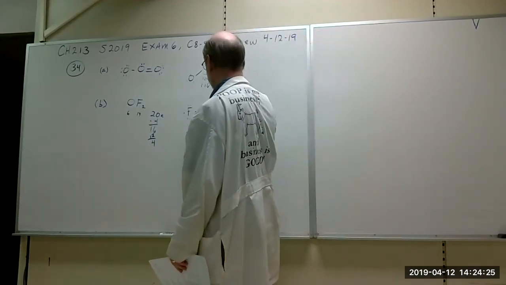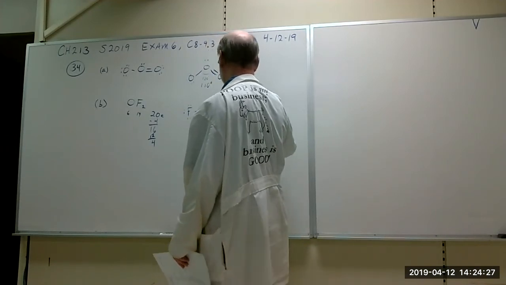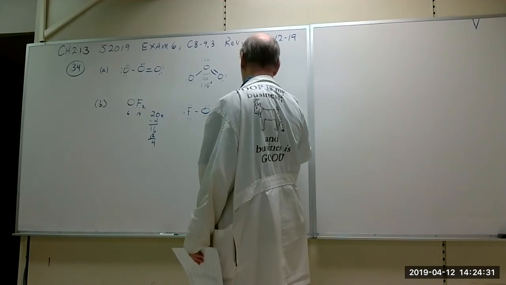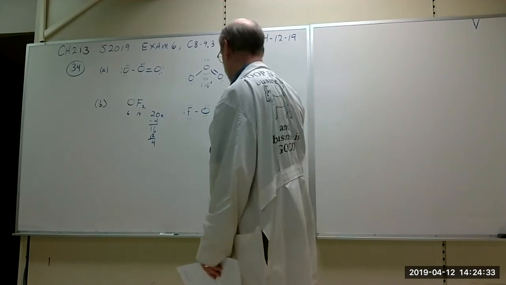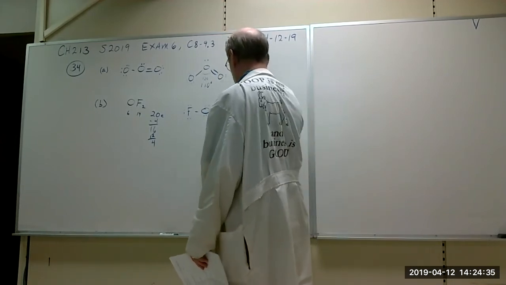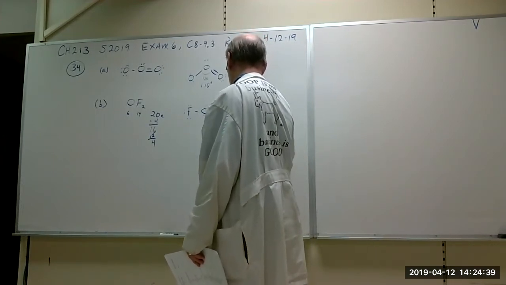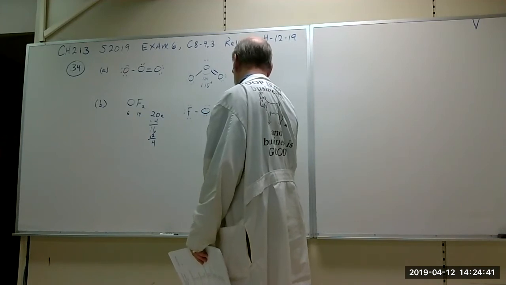So what does 4 here give you? Electronic tetrahedron. But these 2 lone pairs would make this a bent molecule, kind of like water.